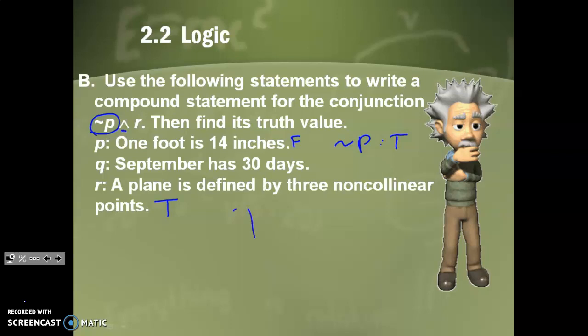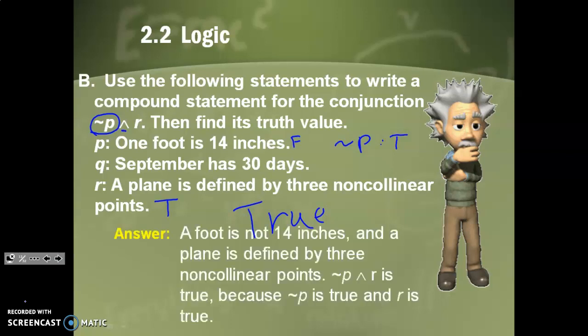That is going to be a true statement. And I didn't write it down because it is there. 1 foot is not 14 inches and a plane is defined by 3 non-collinear points. Not P and R is true, because not P is true and R is true.